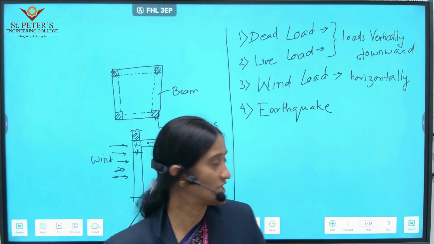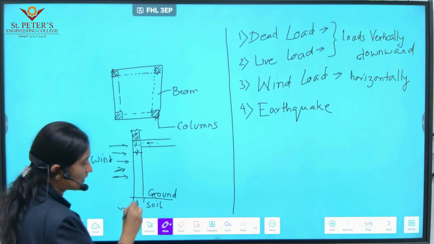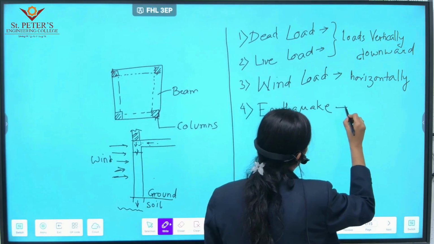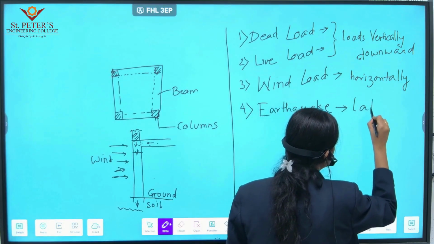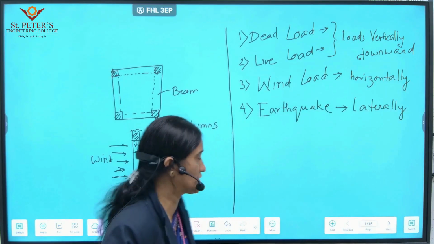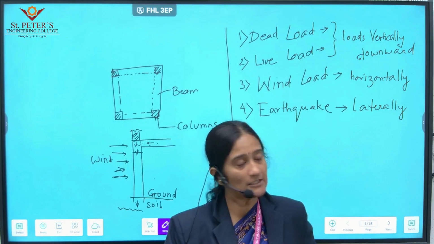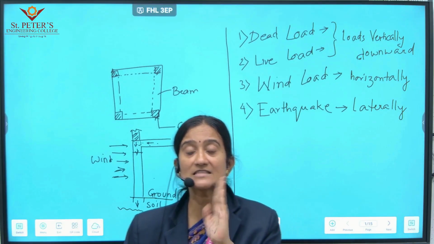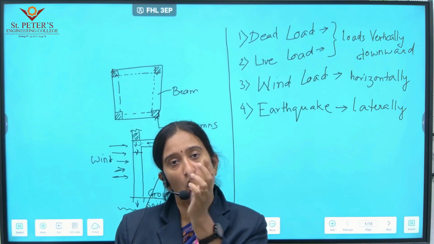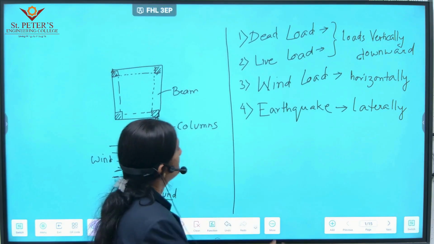This vibration shakes the bottom of the earth, then the total structure vibrates. This is known as earthquake load, which also acts laterally or horizontally on the bottom of the structure. Wind load and earthquake load mostly make the building shake, bend the column or the structure, and can also lead to collapse of the building.